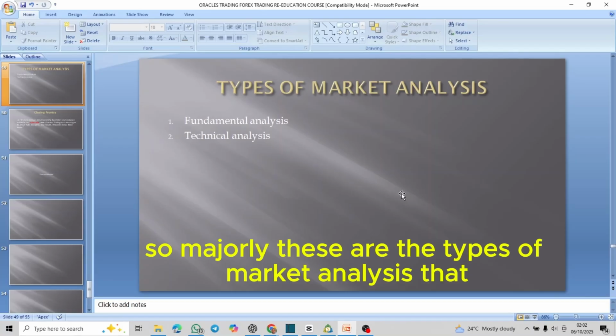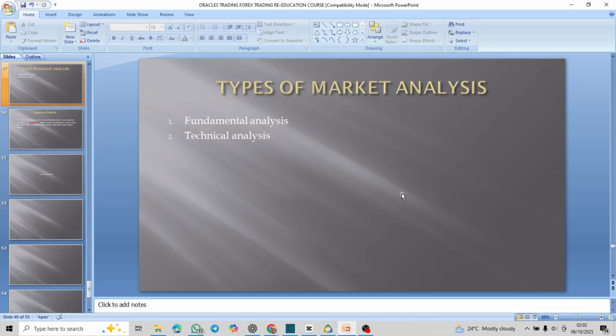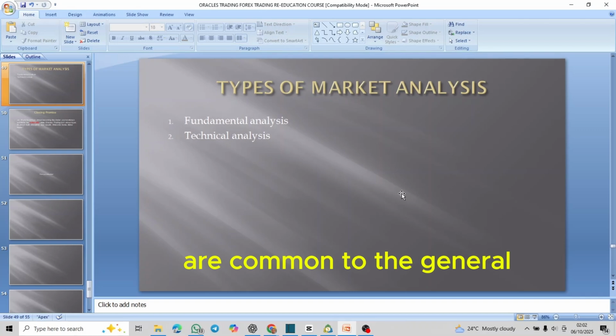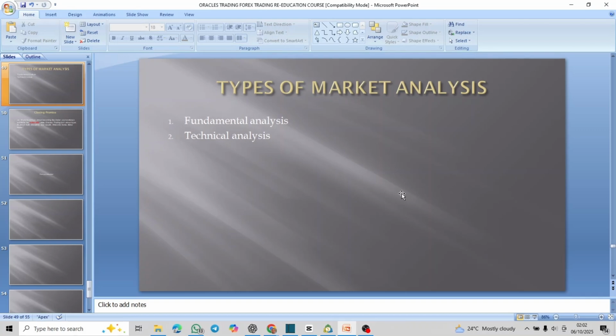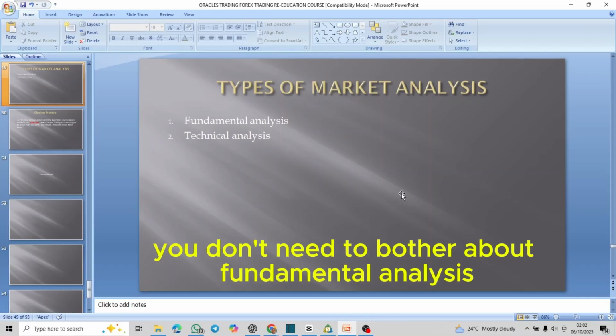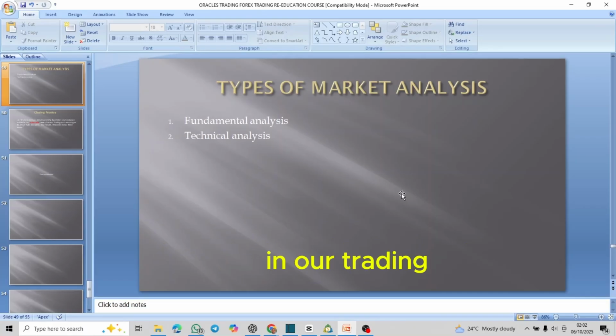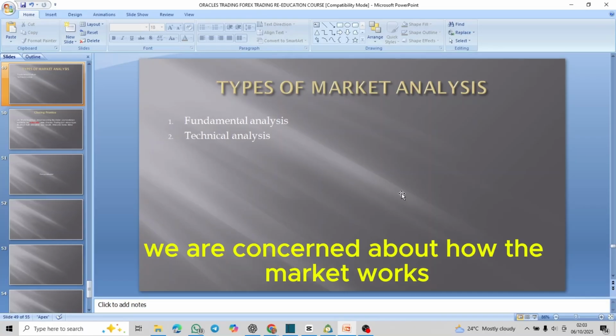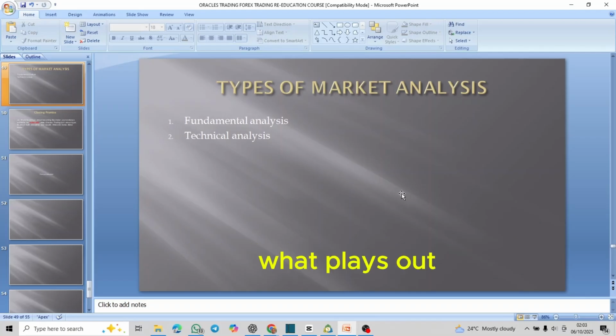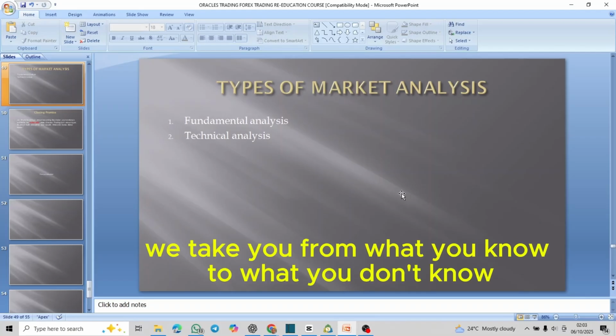So majorly these are the types of market analysis that are common to the general masses of traders. You don't need to bother about fundamental analysis or technical analysis. In our trading, we are concerned about how the market works, what plays out. We take you from what you know to what you don't know.